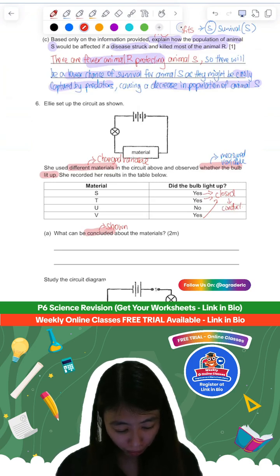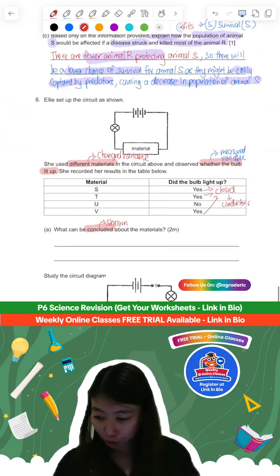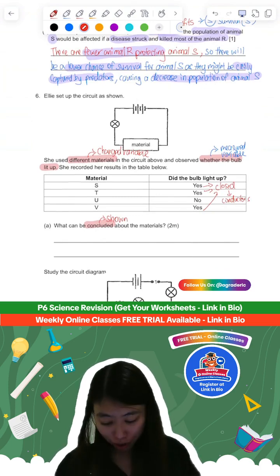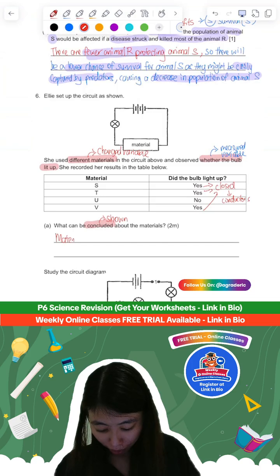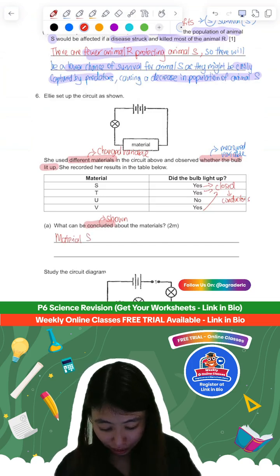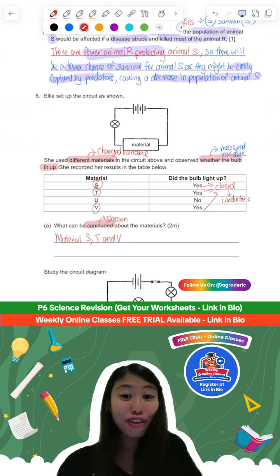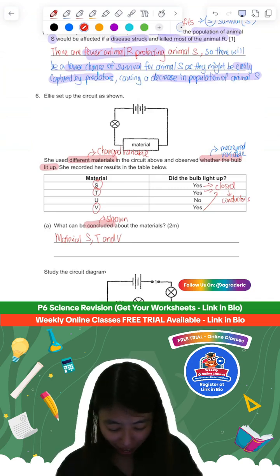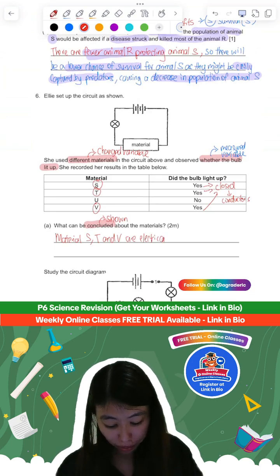So we have to be specific. We have to say that materials S, T, and V, I read some of your answers, very good, are electrical conductors.